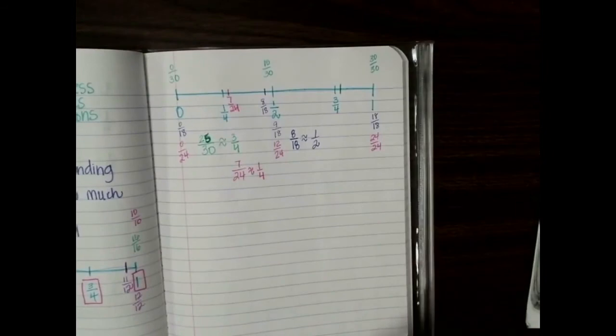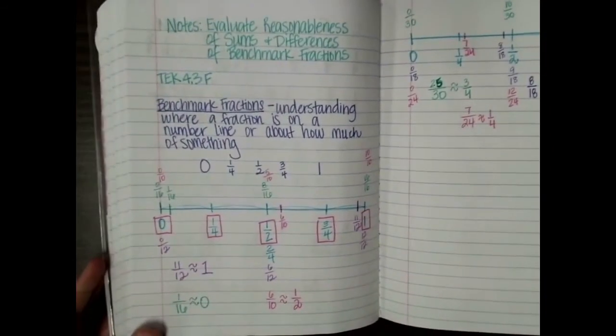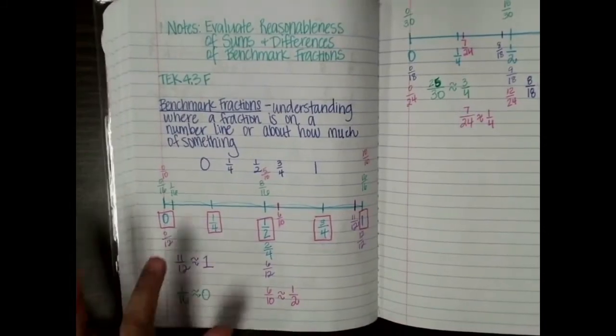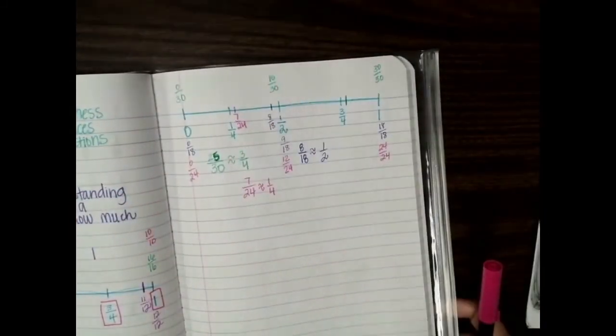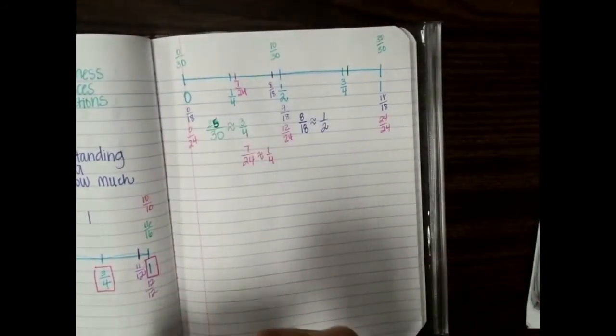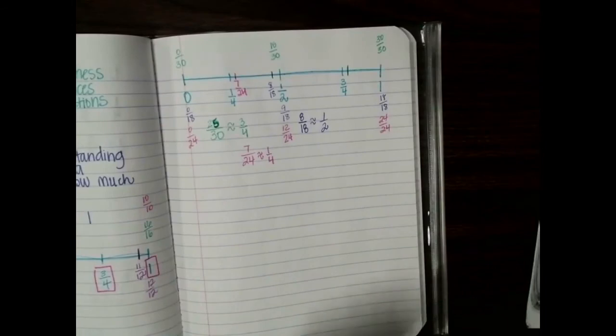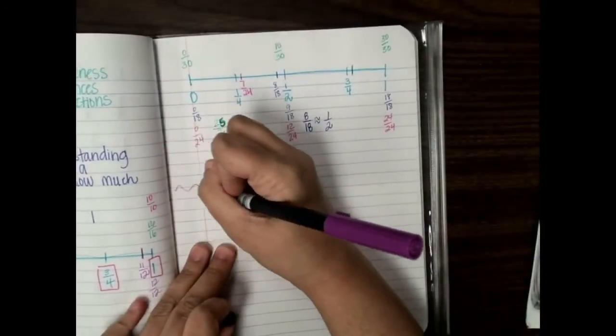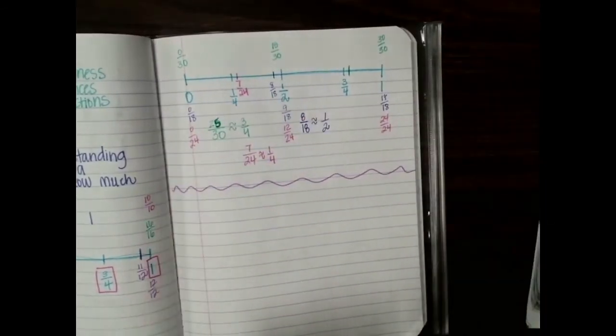But it's not like 11, 10, 9 that it would be here. So I want to say 7/24 kind of falls around that range. So it's about 1/4. Okay? So there's several examples of different fractions that you can decide what it's close to on a number line.